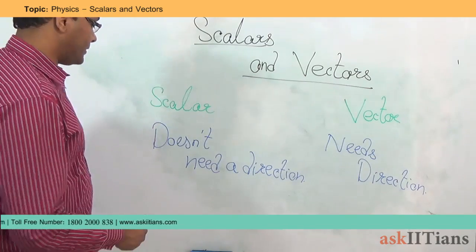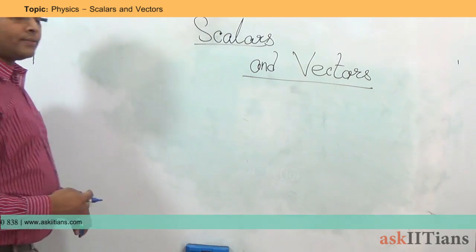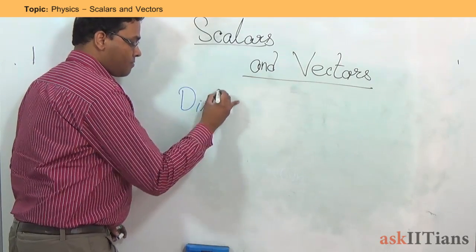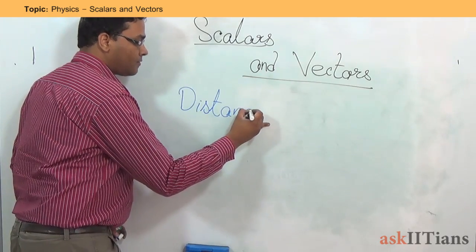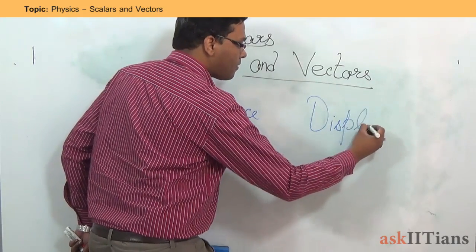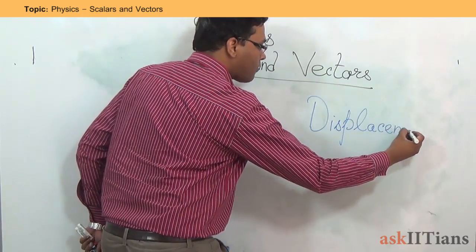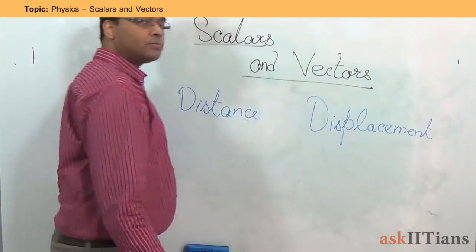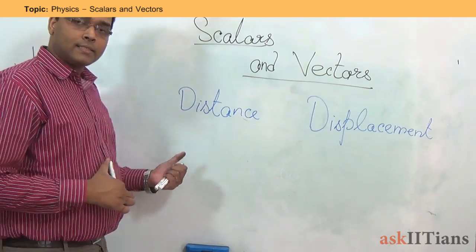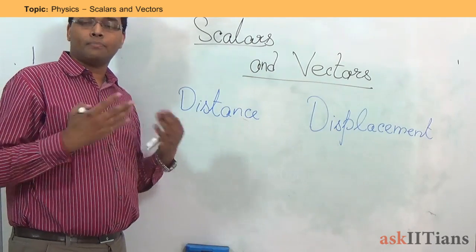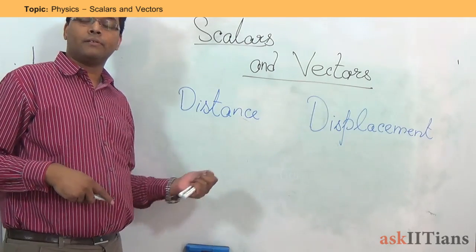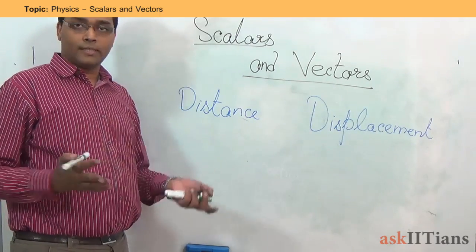Let's try to understand a few examples. For instance, distance and displacement. What is the difference? Distance is nothing but the length of the path covered. We do not specify whether the path is covered from east to west, west to north, or in which direction.